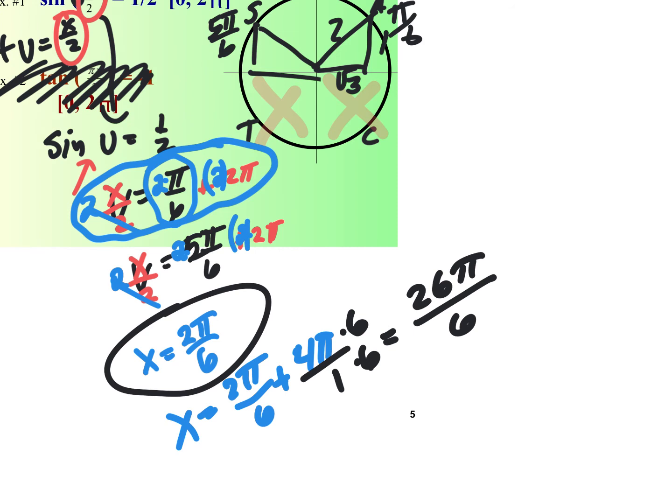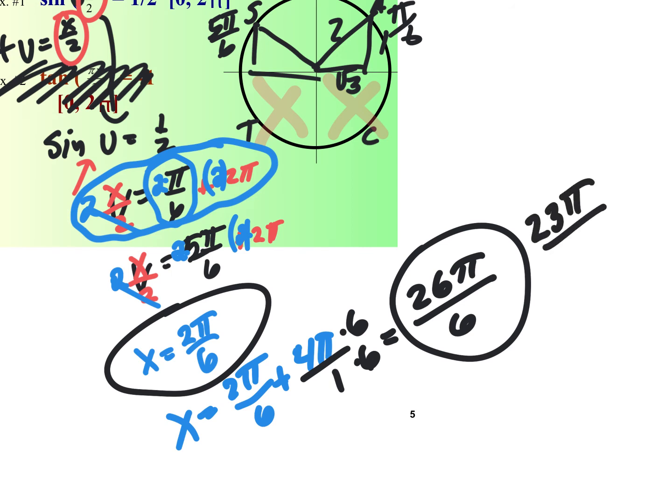Is that less than 2 pi? How about 26 pi over 6? Let's reduce it. Would you agree that that's the same as, I'm taking half of it, so this is 13 pi over 3.